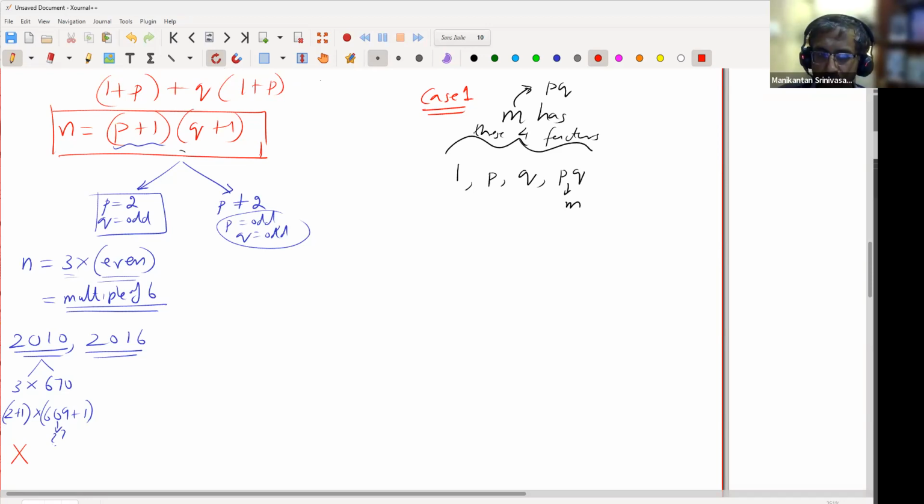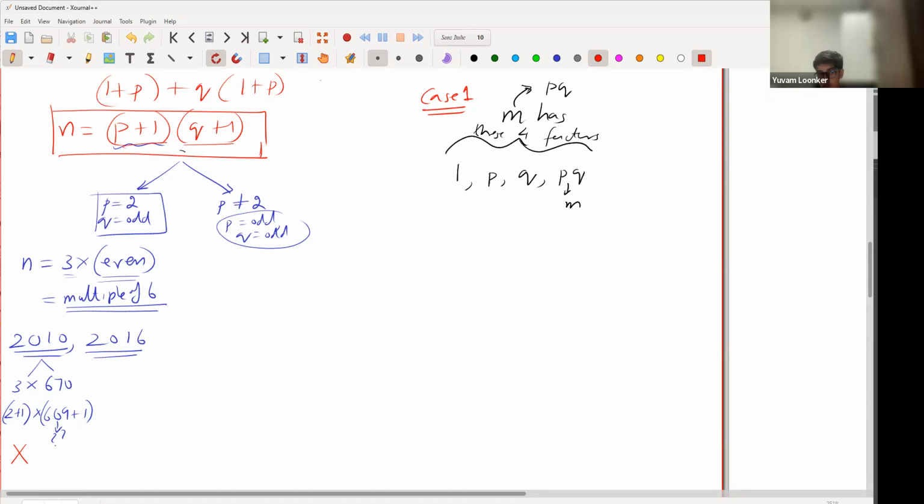I took 2. I said there are 2 branches here, P plus 1 times Q plus 1. I want to look at whether this number is even or odd, so I want to give a special case for P being 2, because 2 is the only even prime.